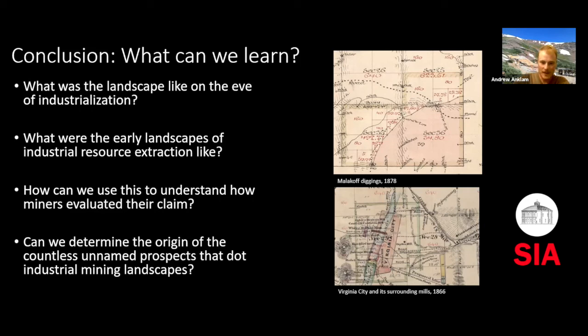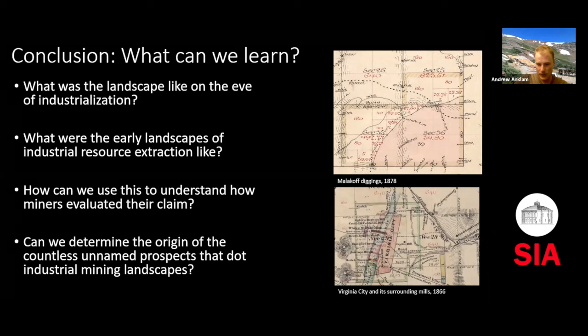And so up in the corner here, I've got examples of the maps that were made from some of these survey notes. This one is the Malakoff diggings, as it was starting. You can see all these ditches and flumes here, constructed for water movement for placer mining. And then here's the image of Virginia City, and we know a fair amount about what happened in Virginia City.